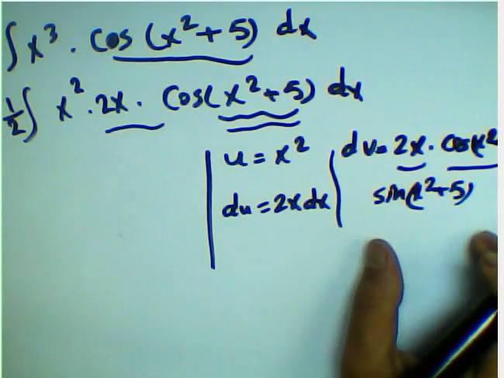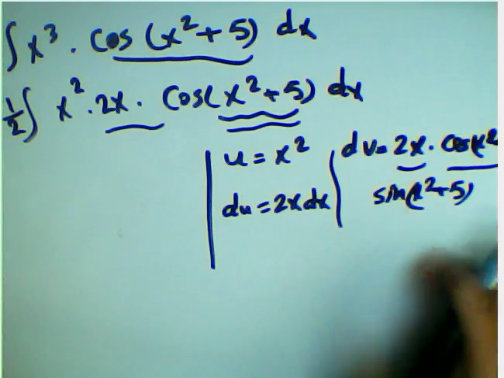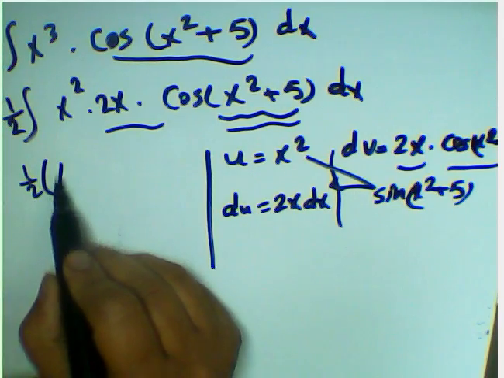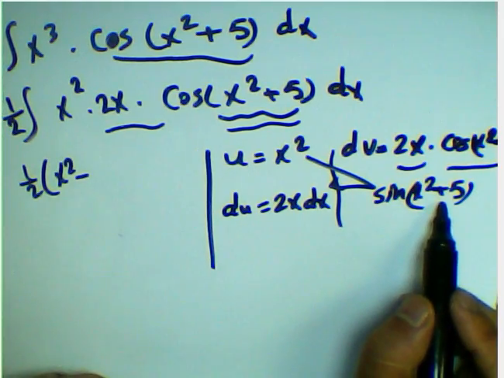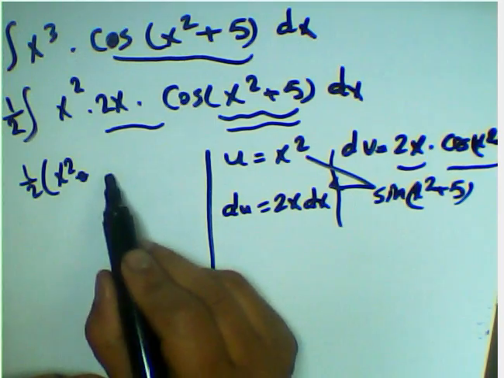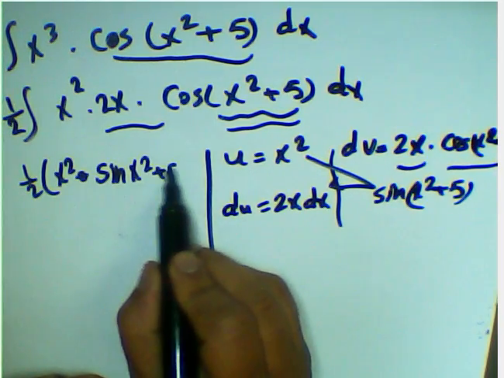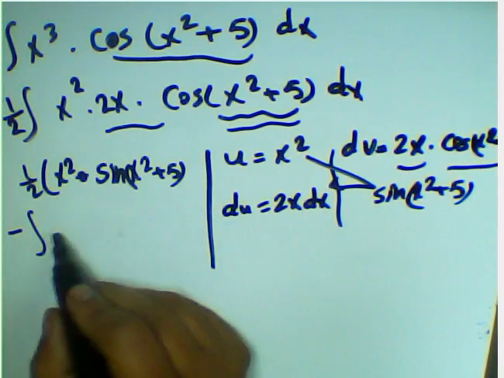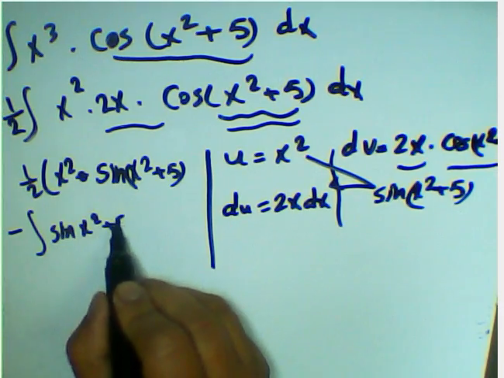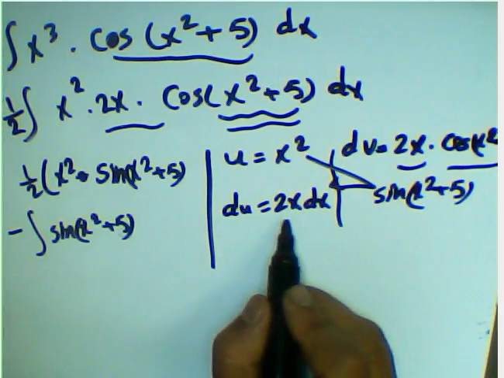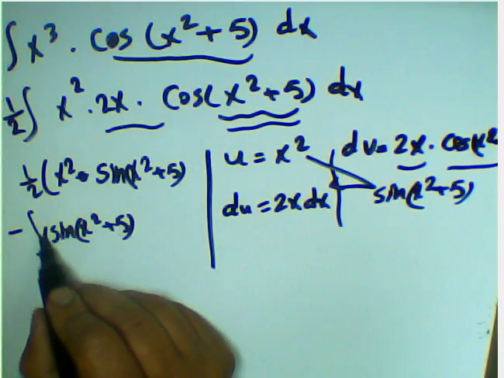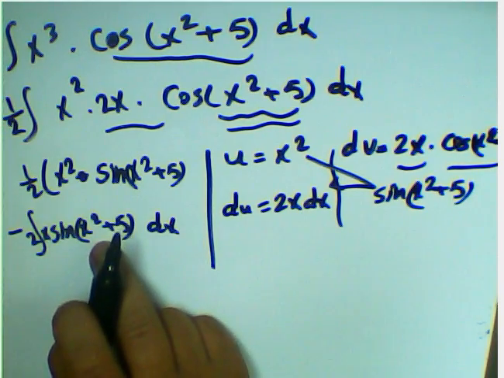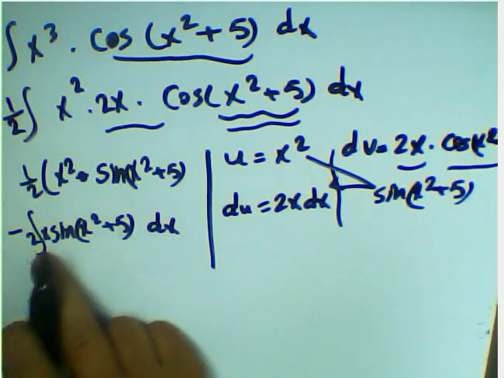Okay, the derivative here and the integration using the rule: x squared multiplied by sine of x squared plus 5, subtract the integration of sine of x squared plus 5 multiplied by 2x dx, right, 2x dx. The derivative of this function x squared plus 5 is 2x.